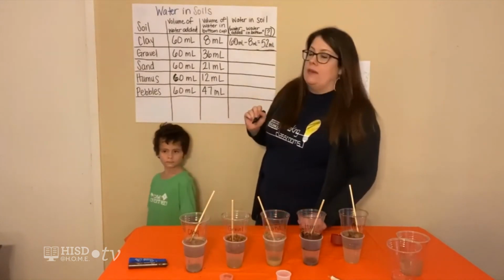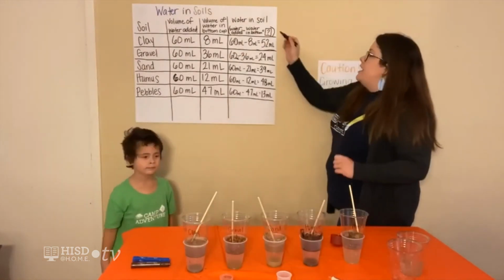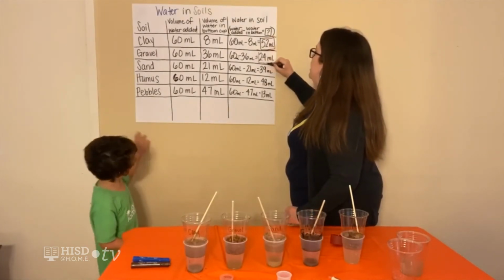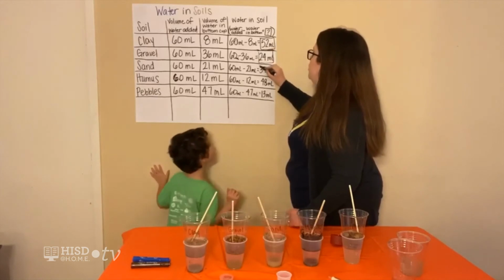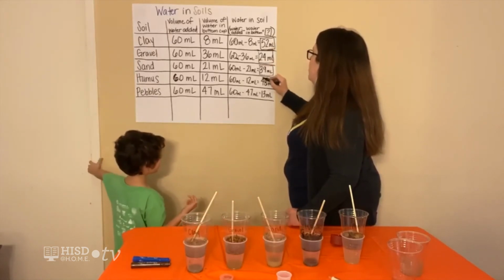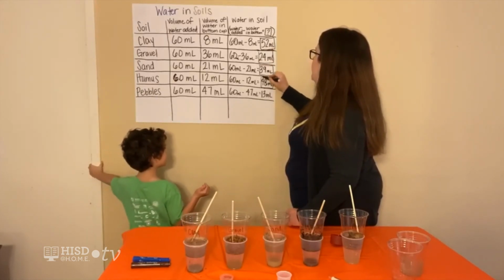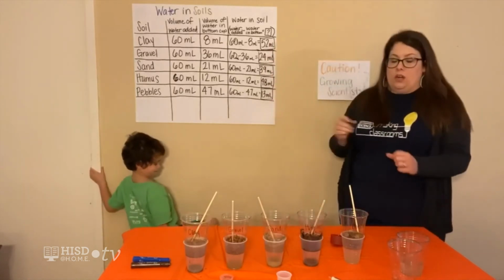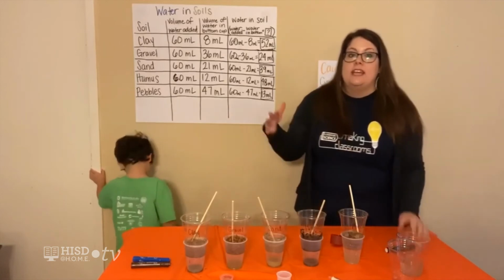So I'm going to do that math on each of them. So these are my important numbers here. How much water stayed in the soil. So I've got 52, 24, 39, 48, and 13. So this is how much water is still sitting in each of these soils.